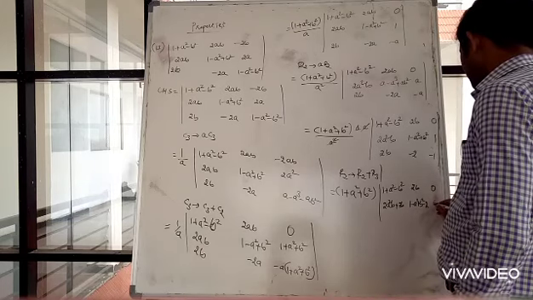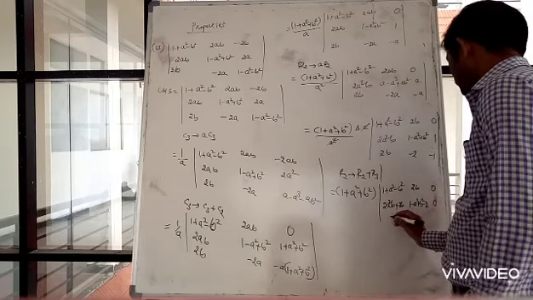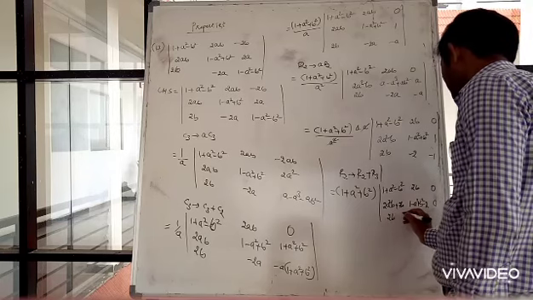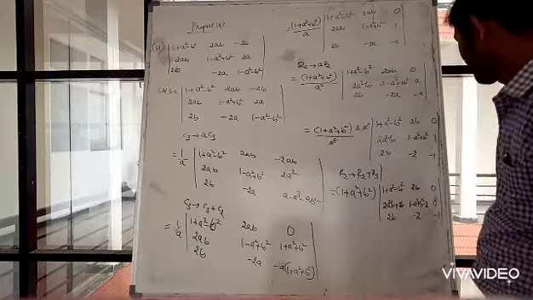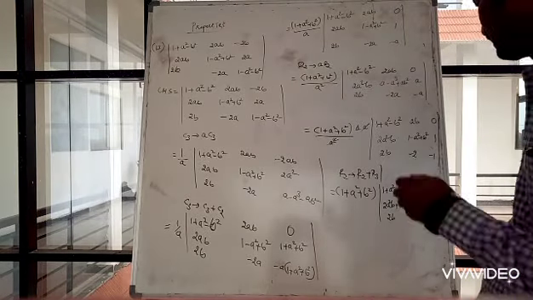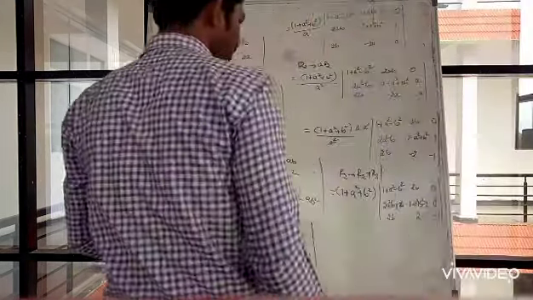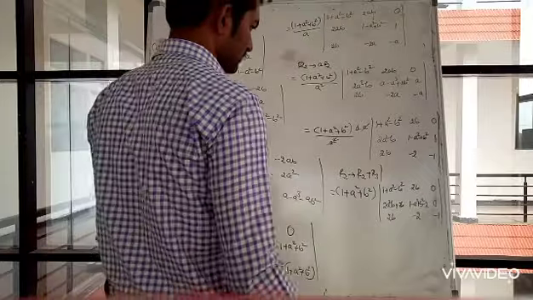Here 1 minus 1, 0. Here 2b as it is, minus 2 as it is, minus 1 as it is. Simplify and expand through the third column.